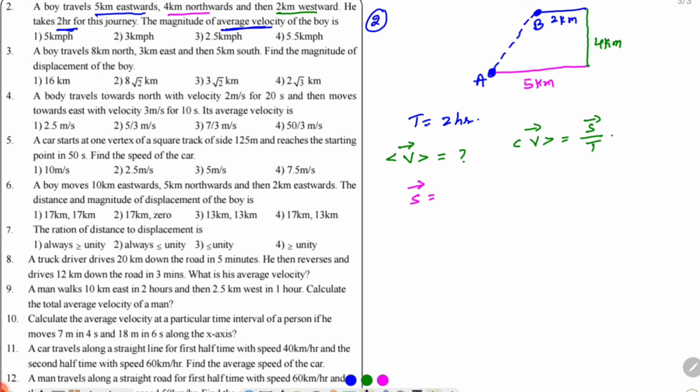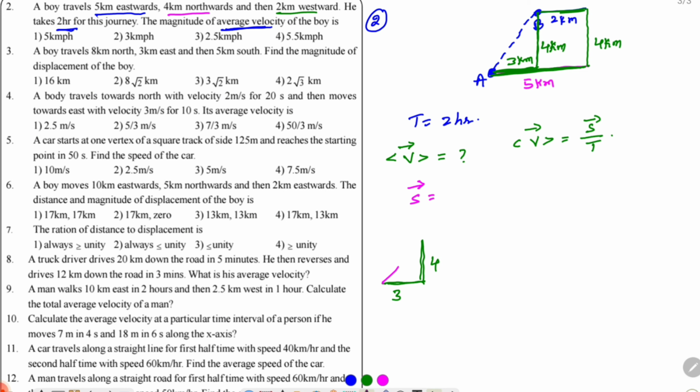So here let me construct a right angle triangle to calculate the length of AB. Right? So this value is 3 km and this value is 4 km. Since this total is 5, 5 minus this 2 is 3. So now you have a triangle. This is 3 km, this is 4 km.